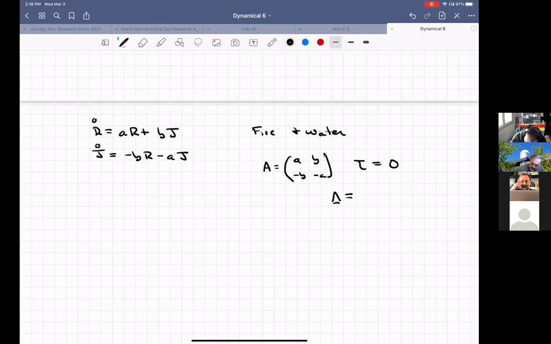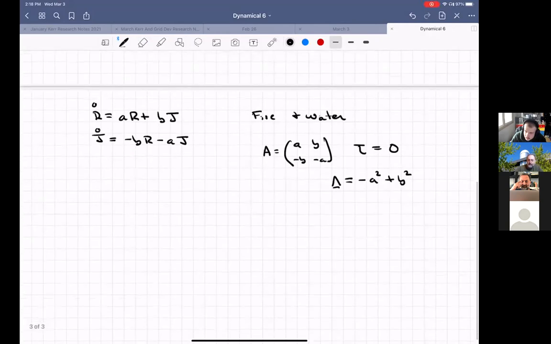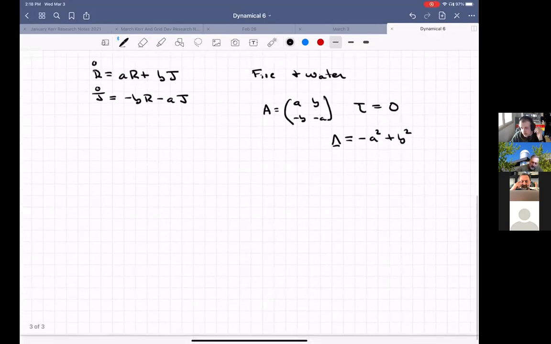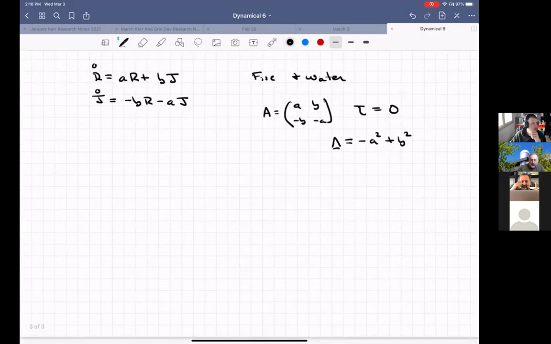The determinant of this system would be minus A squared plus B squared, right? I think that's right. Okay, and so we've got choices for the parameters A and B to make.